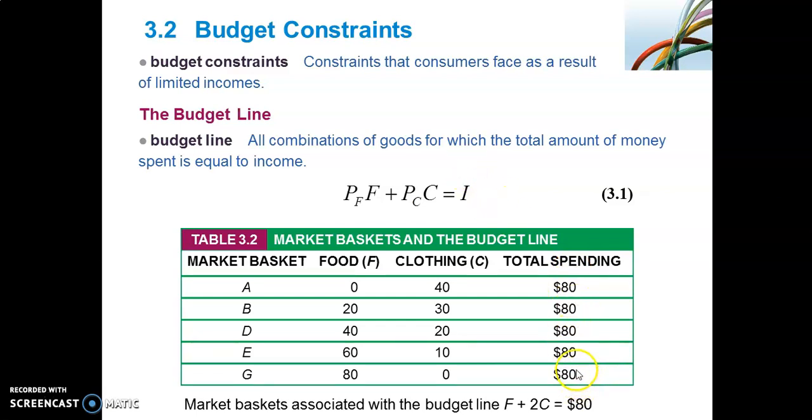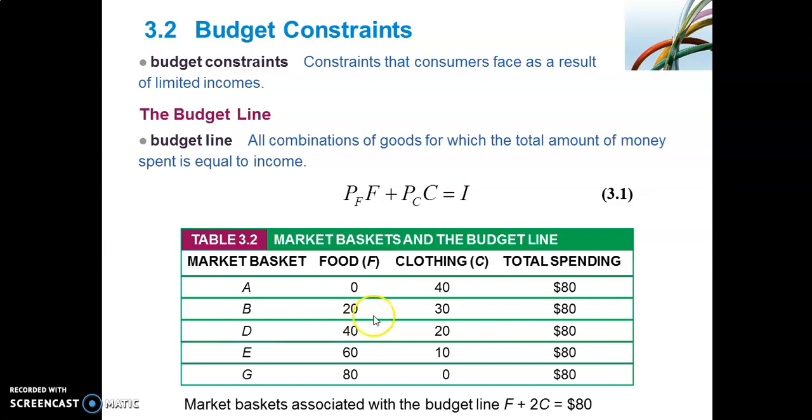And if you were to spend your total income of $80 on just food with a price of $1 per unit of food, that would be 80 divided by 1. That would imply 80 units of food and 0 units of clothing. The combinations B, D, and E are intermediate points along this budget line where combinations of food and clothing are purchased.